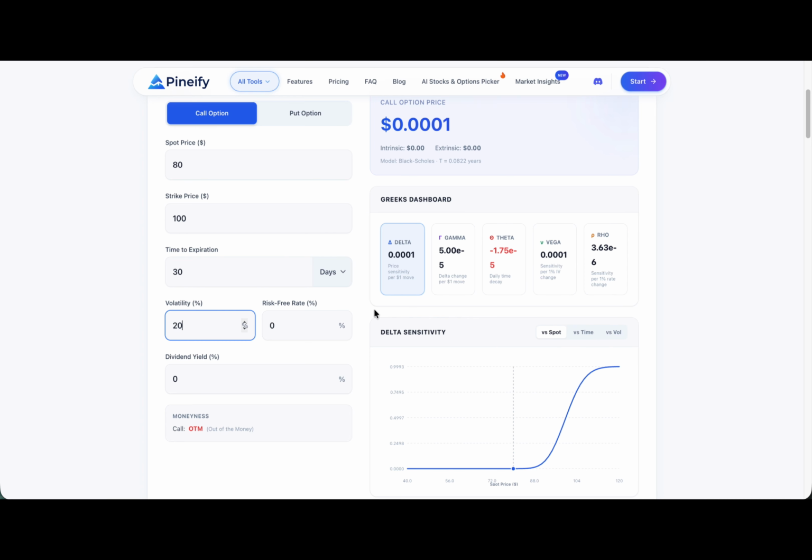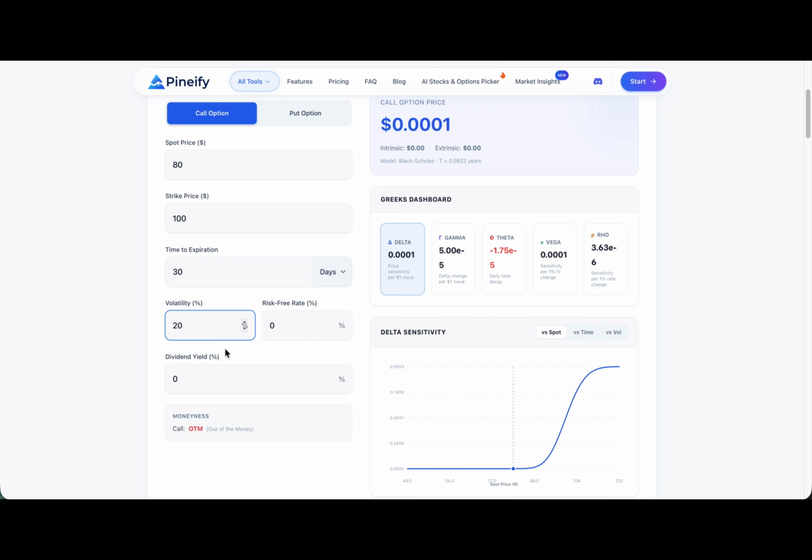And so you saw that the delta went from basically 0, all right, to 0.001. Again, an almost meaningless increase in the delta, but now the option is not as dead as it was before, and also the Vega increased. And why is that?